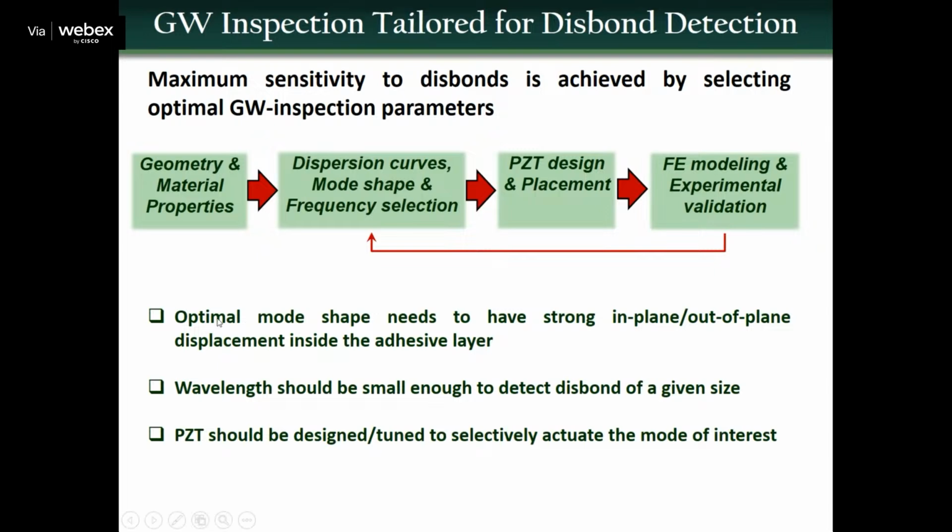The geometry and the material properties will be well understood, helping you to determine the dispersion curves, and you can use that to select the different modes and frequency you're working on. This leads to the PZT design and the optimal placement of the PZT on the structure, guided by the simulation.